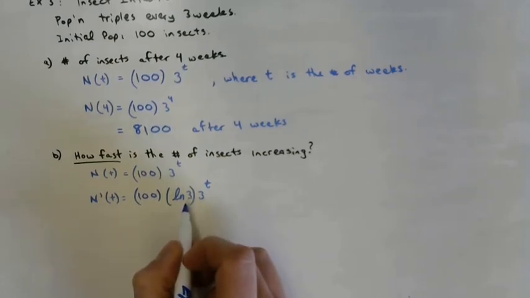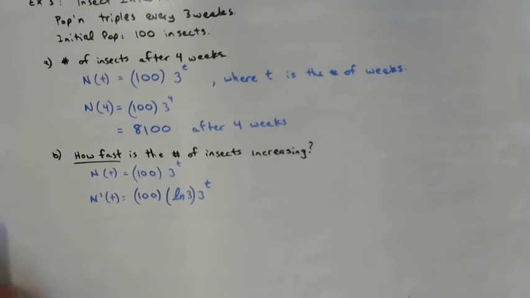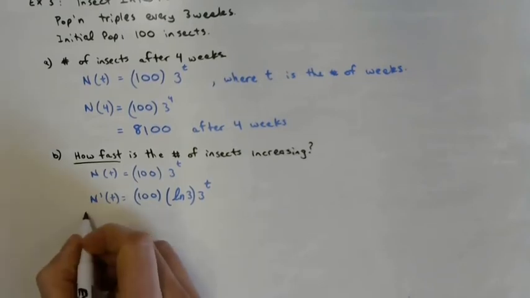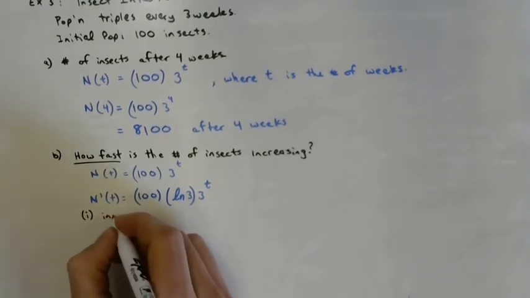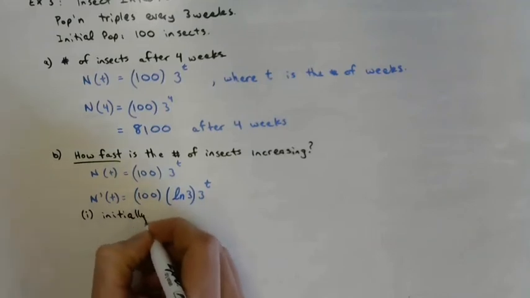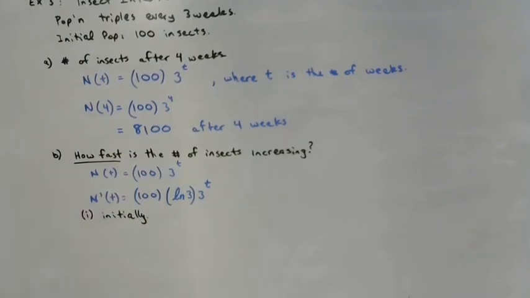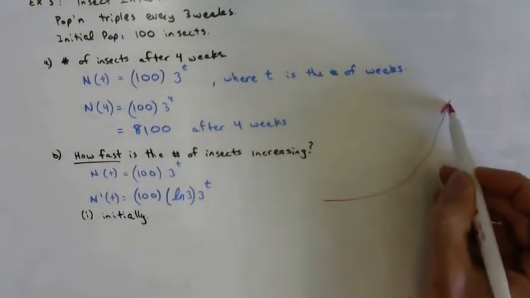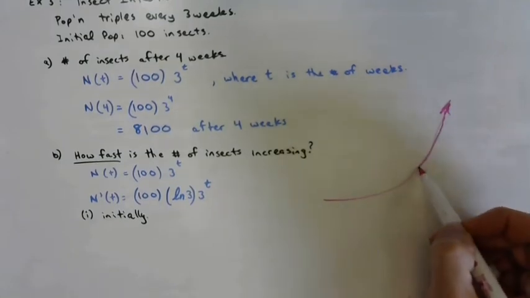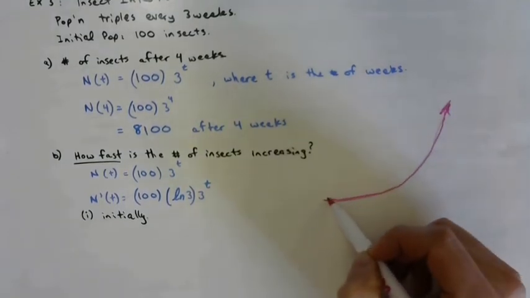All right, now to find how fast the insects are increasing initially, we want to evaluate, we skipped that part of the question. So initially, again, because this is an exponential function, the rate of change is also increasing, okay?